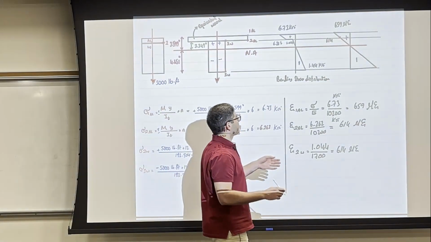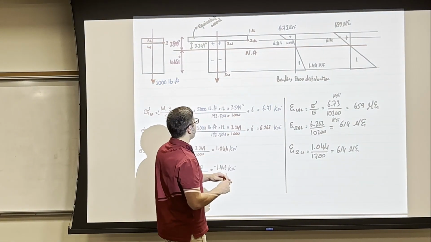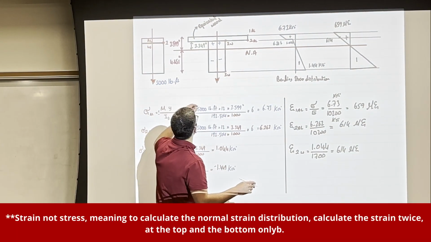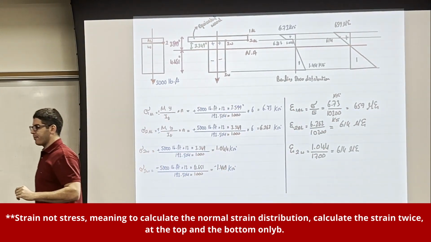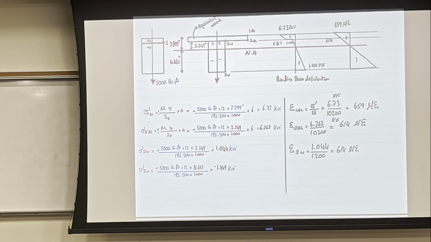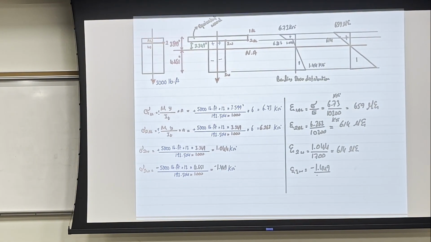That's why from now on, for this type of problem, I want you to calculate the stress at the top and the bottom and just make a line between them, and that's all. And finally, the strain at point 3 in the wood is equal to negative 1.449 over 1,700, and you're going to find the strain is equal to negative 847 microstrain.